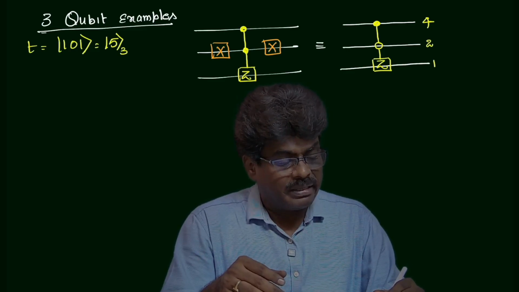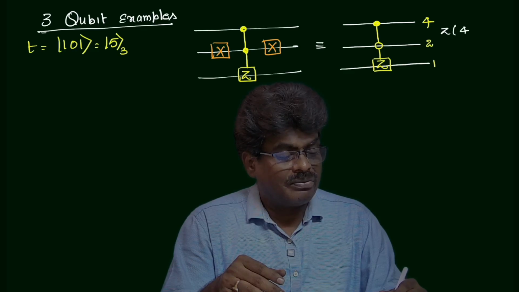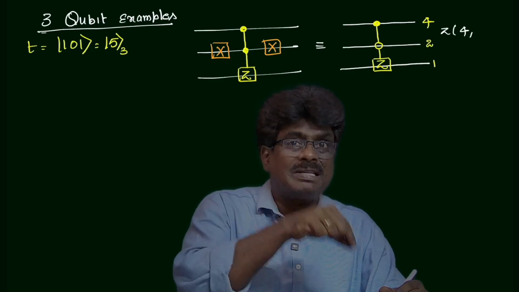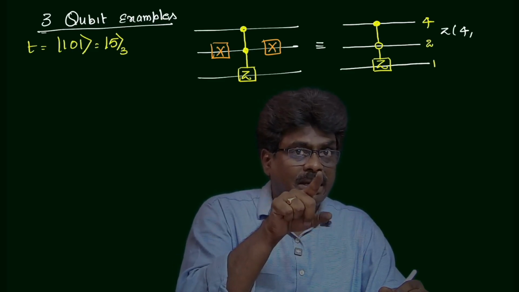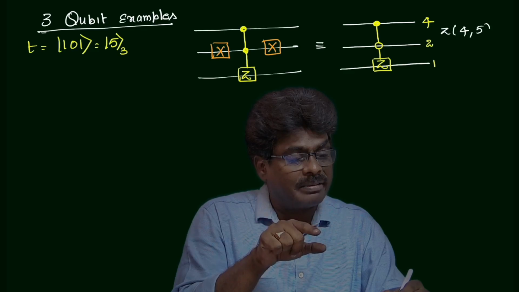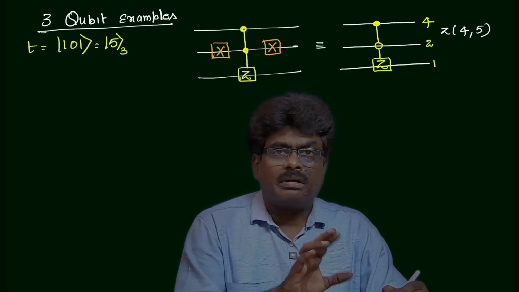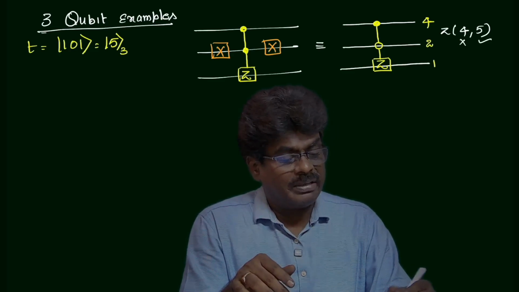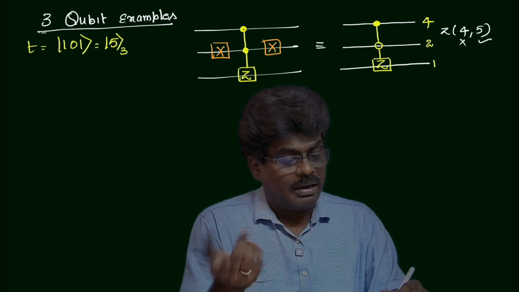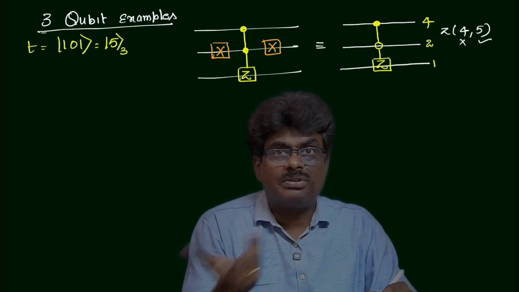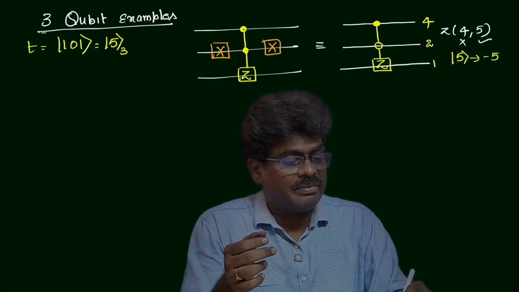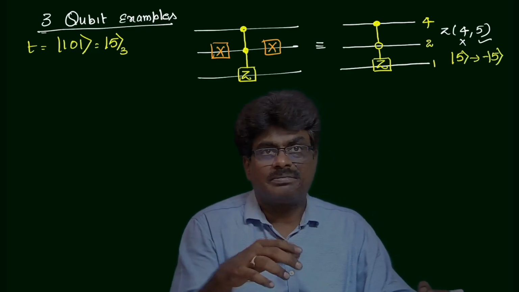So that's why this is a Z of 4 comma 4 plus 1, because it is C comma C plus T. So here target is 1, that's why it is a 5. Okay, a lot of examples I have explained. I request you please watch. And this is off and this is on. And Z, you know, 100 minus 1, that's why the on state will get a phase change, minus 5.